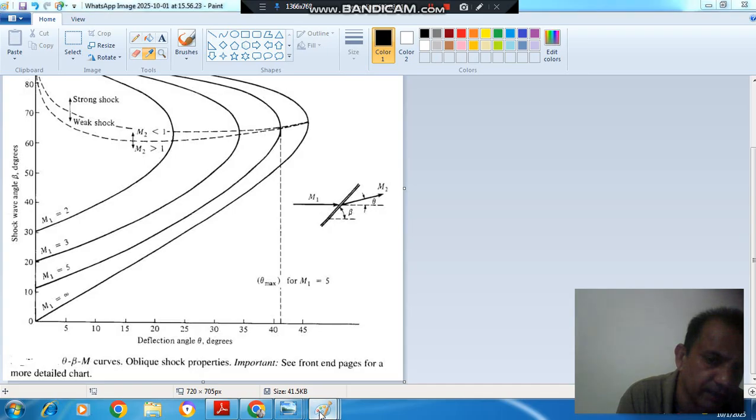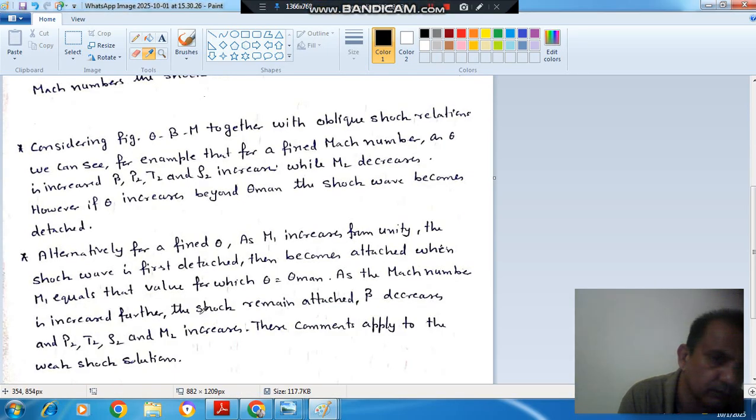Next point is, alternatively, for a fixed theta, as M1 increases from unity, the shock wave is first detached, and then becomes attached when theta equals theta max.